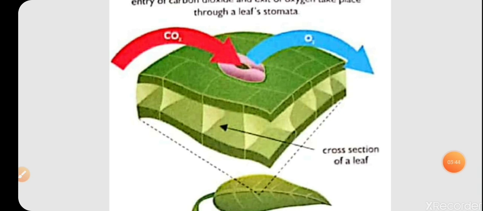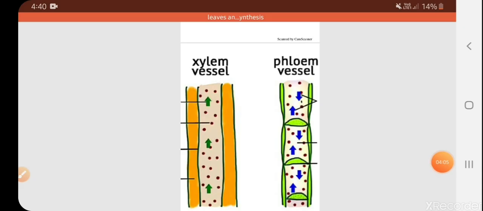Students, the structure of the leaf is also very flat and thin, which allows the sunlight to penetrate through the leaf, and it is trapped by the chlorophyll present in the leaf and used for making food.